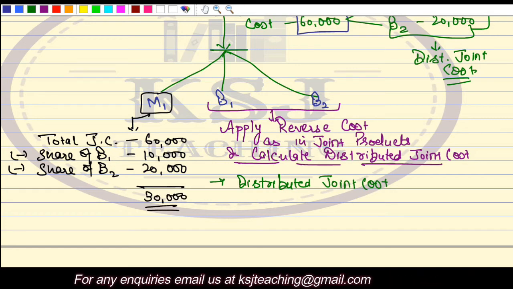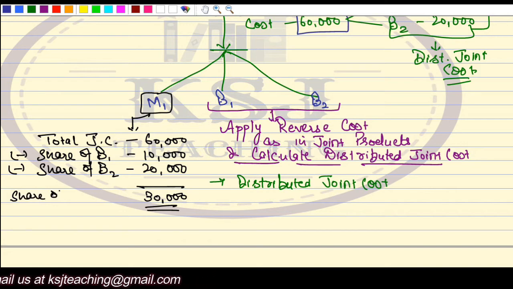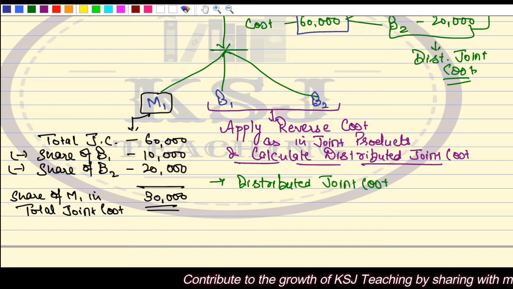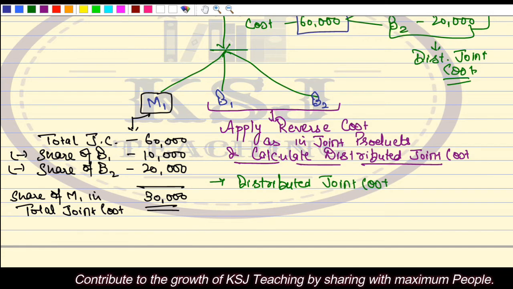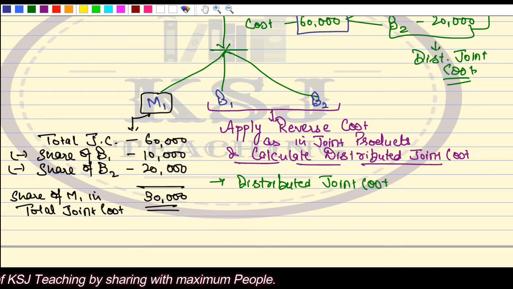That is the share of M1 in total joint cost. Right? So this 30,000 is the share of M1 in total joint cost.